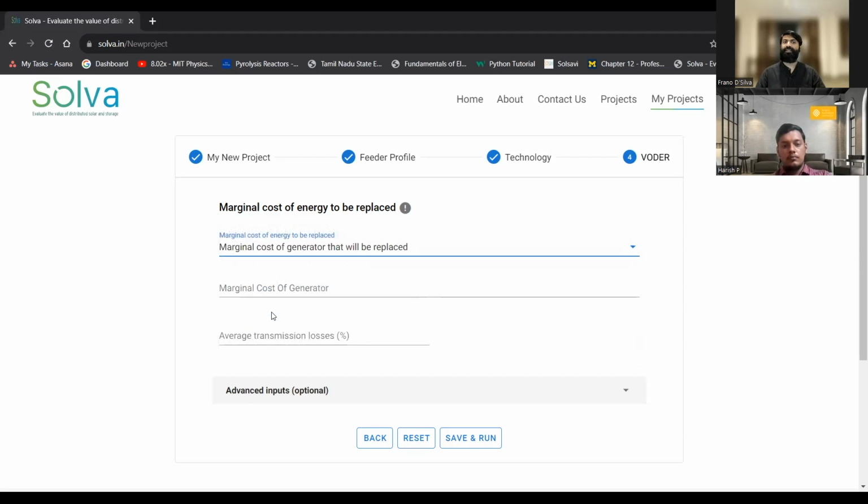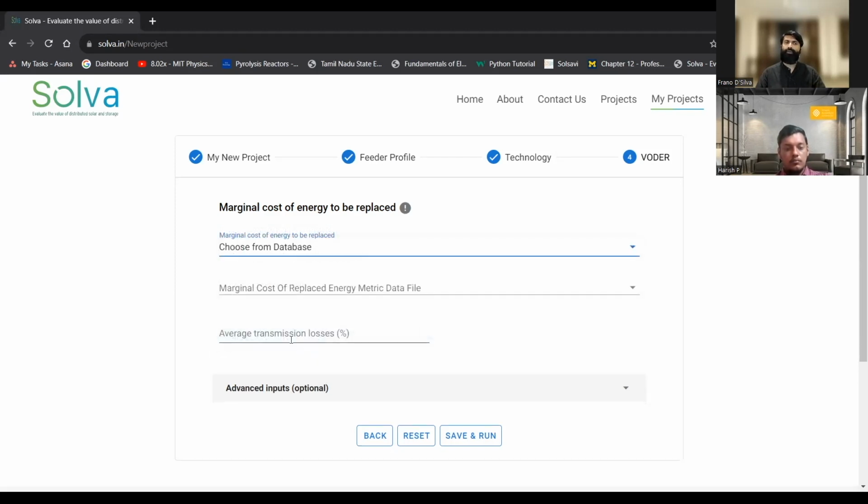Or we can select a single value, which will then be applied to all the hours in the year, and you can find out if this value is a representation of your marginal cost and is being replaced by the integration of distributed energy resource on the network.